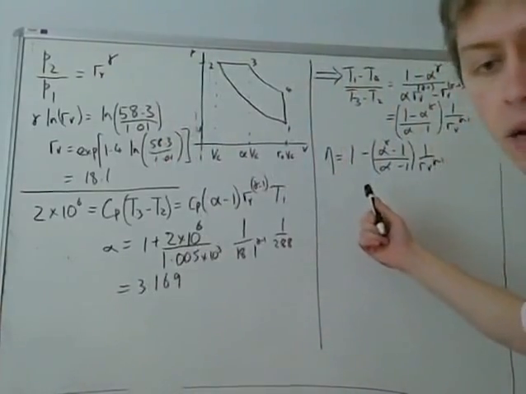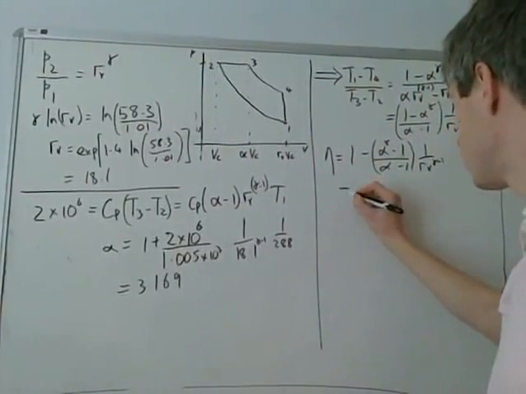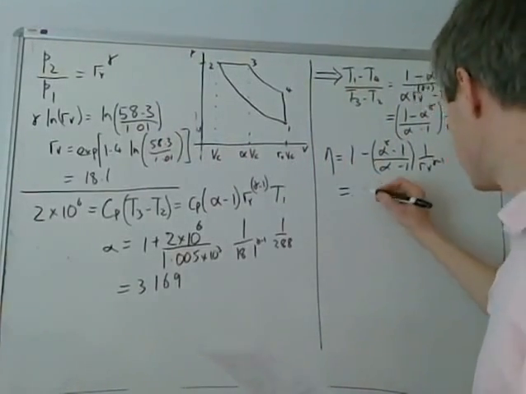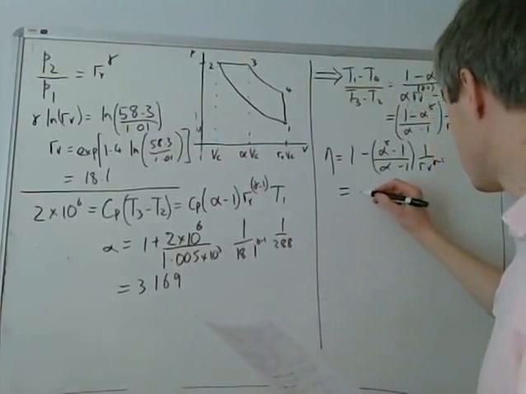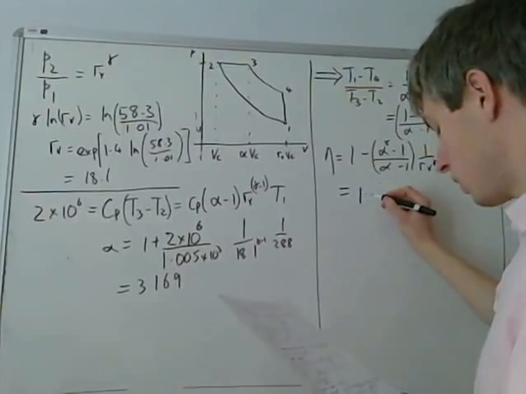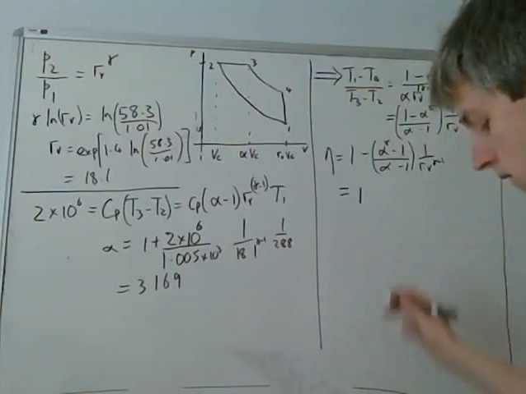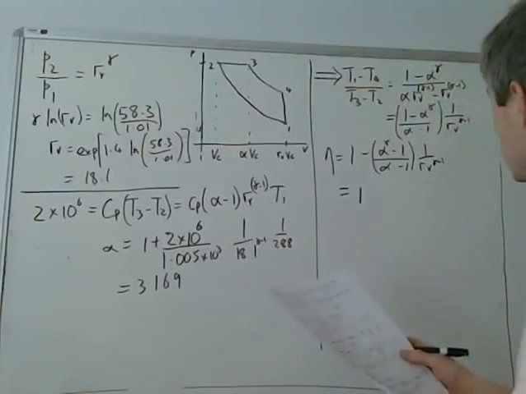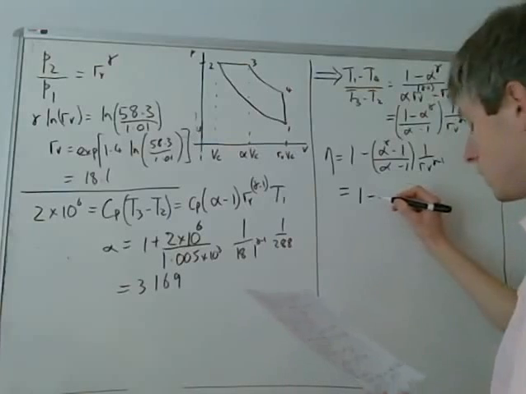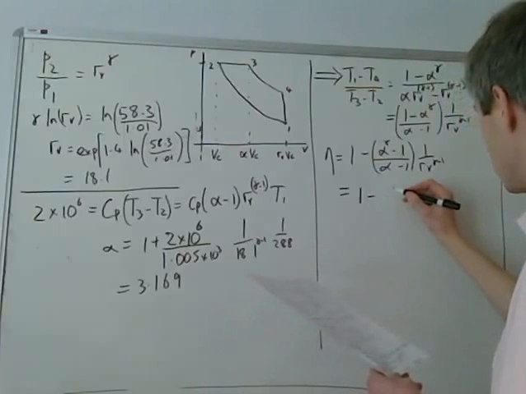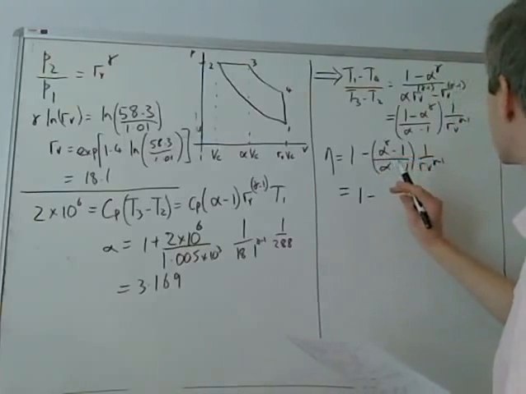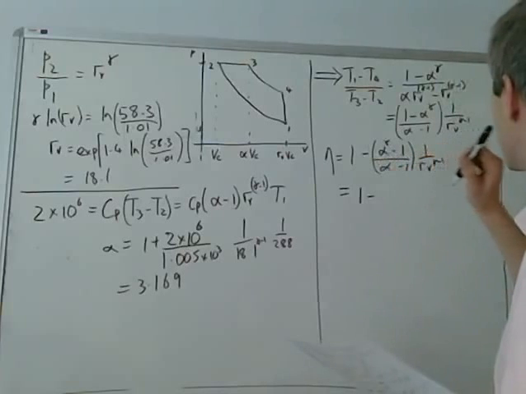And now we can put that straight into our expression for efficiency. And that's just to show you what the numbers are so you can check them. 1 minus... I'm actually missing something from somewhere.